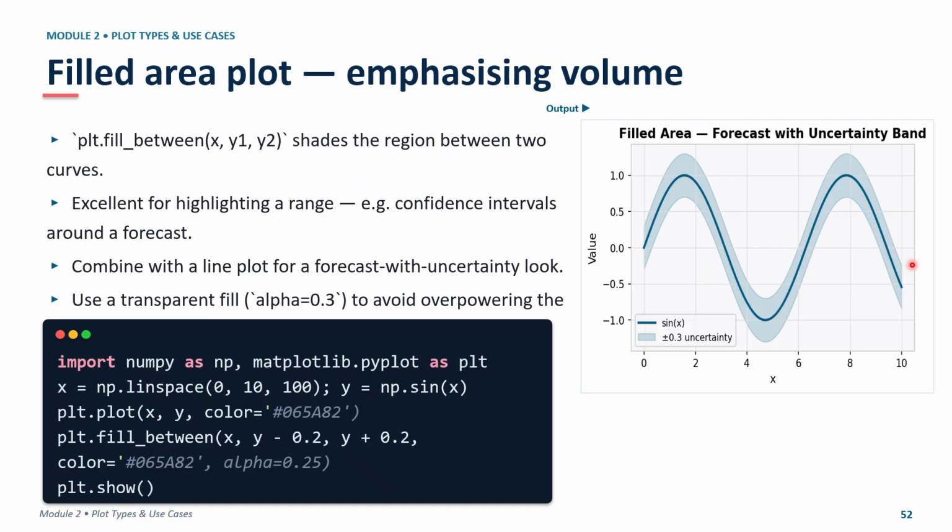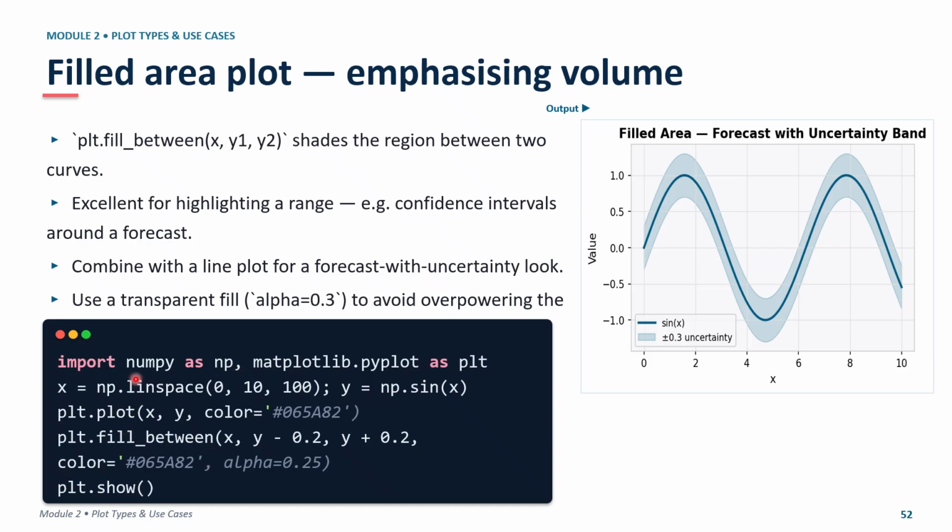If you provide one curve and no second curve, it shades between the curve and y equals 0, which is the baseline. It is very commonly used for weather forecasting, temperature forecasts, and certain uncertainty problems. For model predictions with a prediction interval, you can go ahead with the filled area plot.